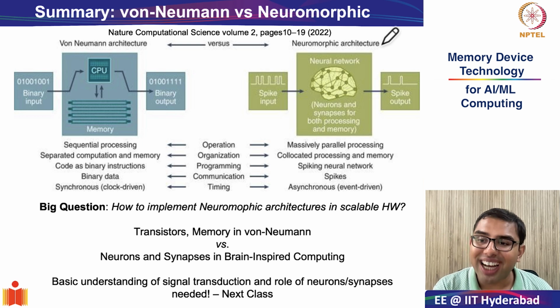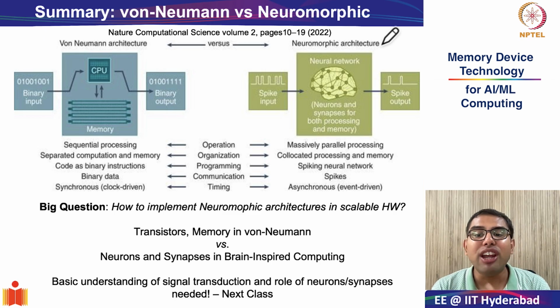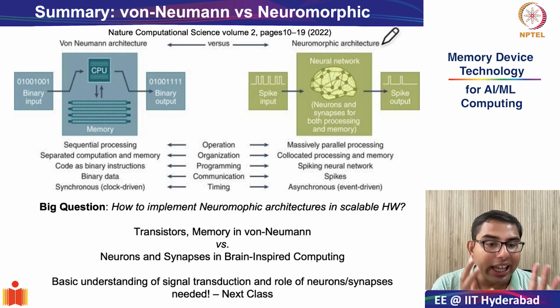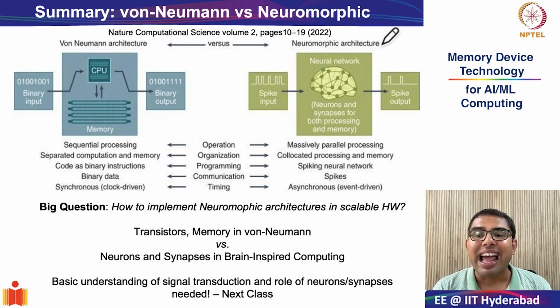If we can truly achieve this potential, it will open a pathway to large-scale neuromorphic systems built on top of well-established semiconductor foundry processes. But in order to do that, we have to gain some understanding of how signal transmission happens in the biological brain through the interconnected web of neurons and synapses. And that is where we will begin our next class.